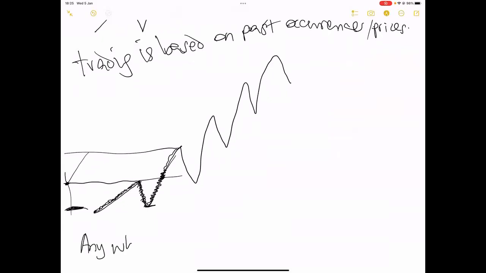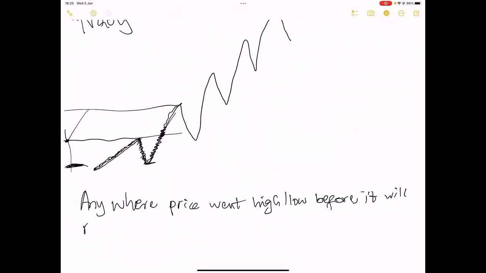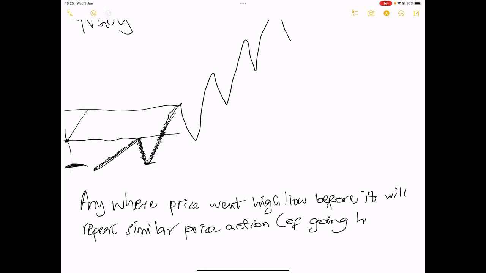Anywhere price went high or low before, it will repeat similar price action of going high or low.